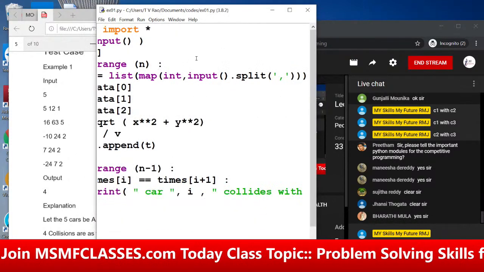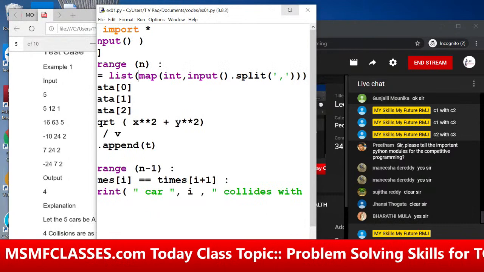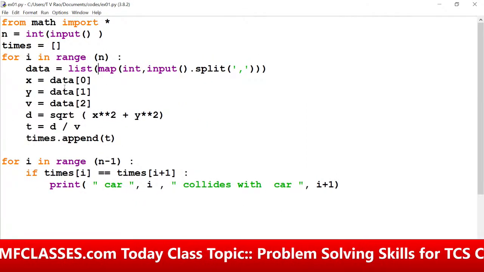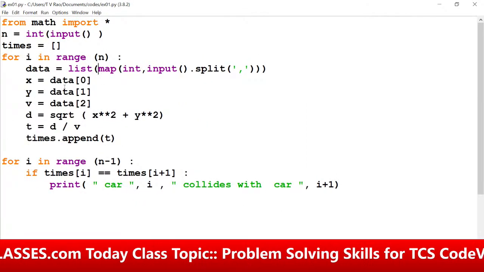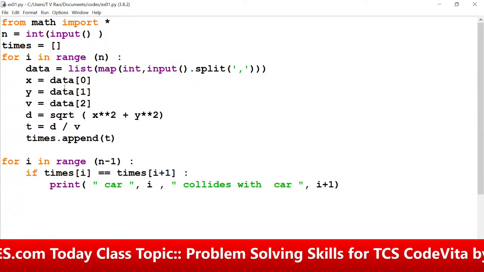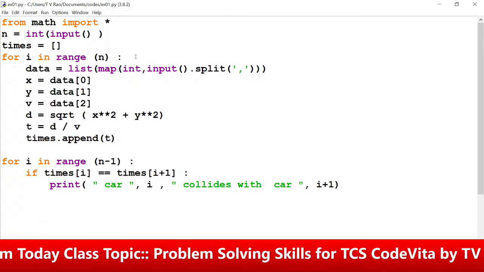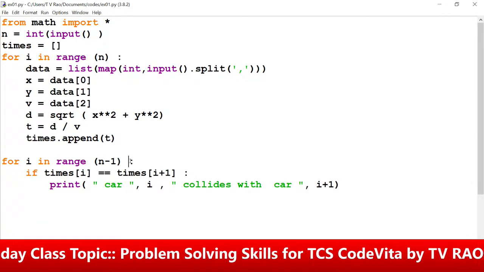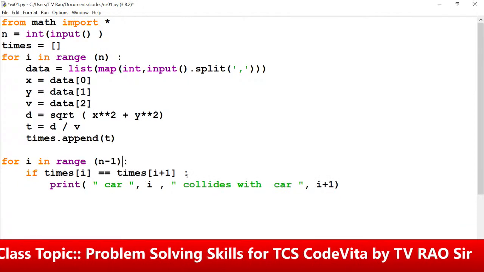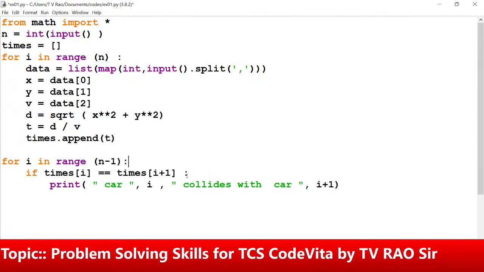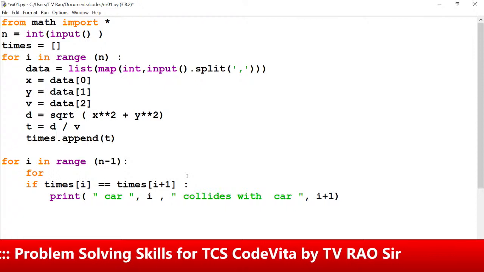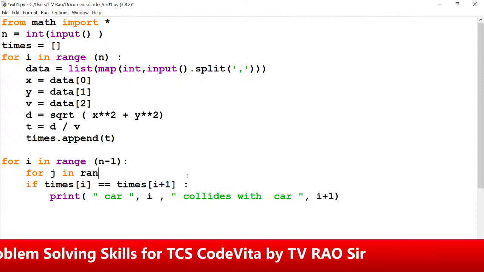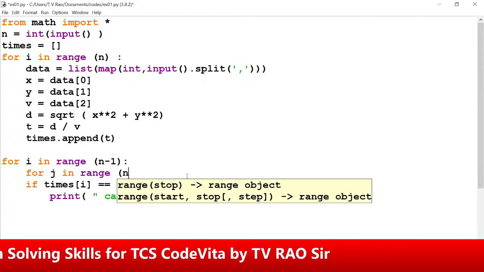What modification needs to be made? Check every car with every other car.